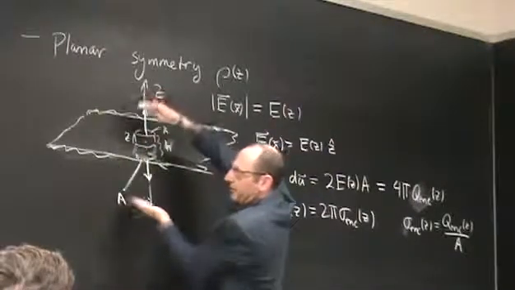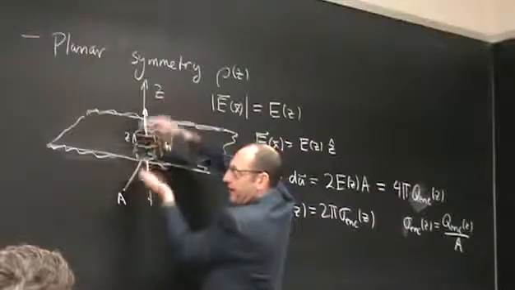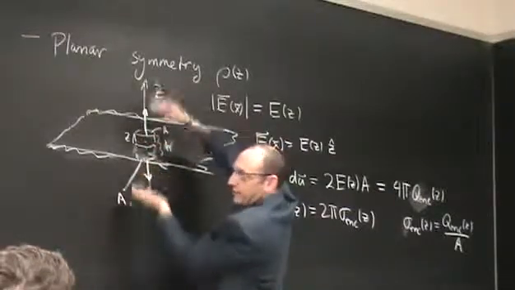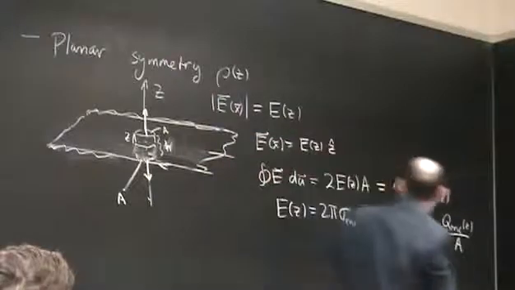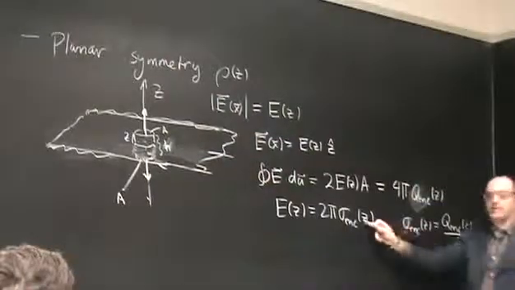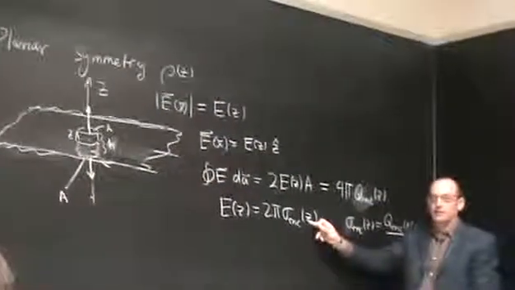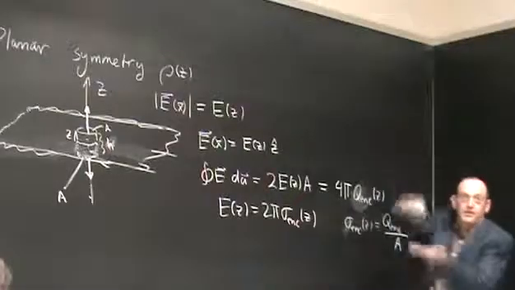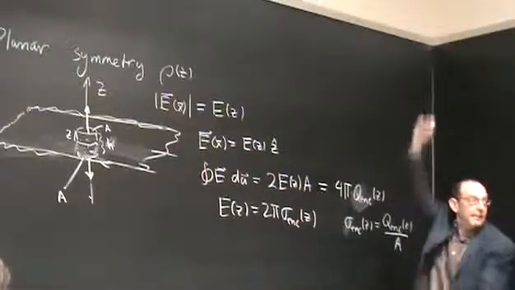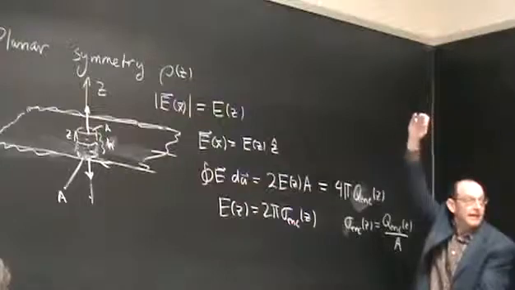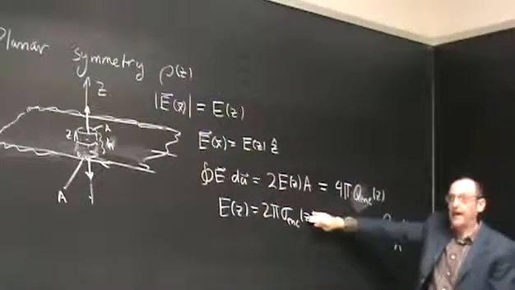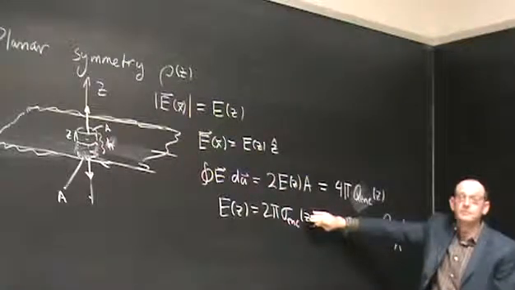But once I'm outside, if the charge distribution is 0 outside, then this would in fact be independent of z. Right? Because the surface charge density enclosed would be the same no matter what z I was at, in which case this would be a constant magnitude.